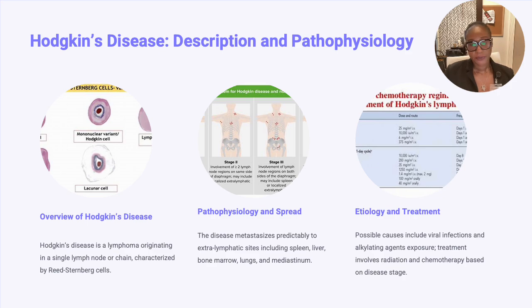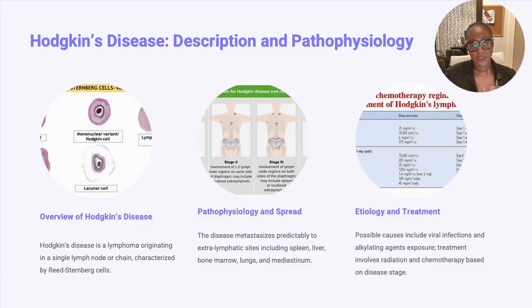The disease predictably metastasizes to non-nodal or extralymphatic sites, especially the spleen, liver, bone marrow, lungs, and mediastinum. Hodgkin's disease is characterized by the presence of the Reed-Sternberg cell noted in a lymph node biopsy specimen.